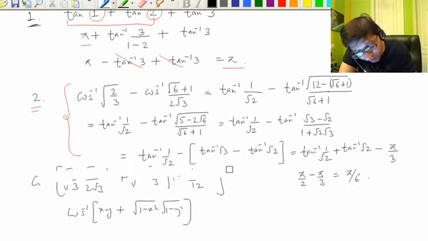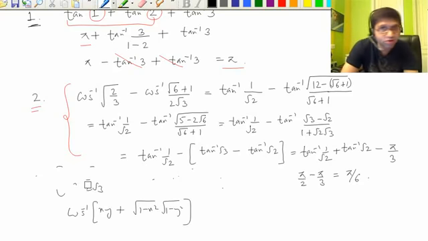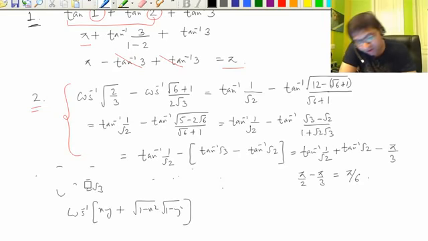But another option is, if you are doubtful, since we have not checked which formula to apply in cos inverse x minus cos inverse y, we have not done cases, so it might be wrong. Then the other option is you can convert each and every angle in terms of tan inverse and do it. That's not a problem. It takes maybe 20 or 30 seconds more.